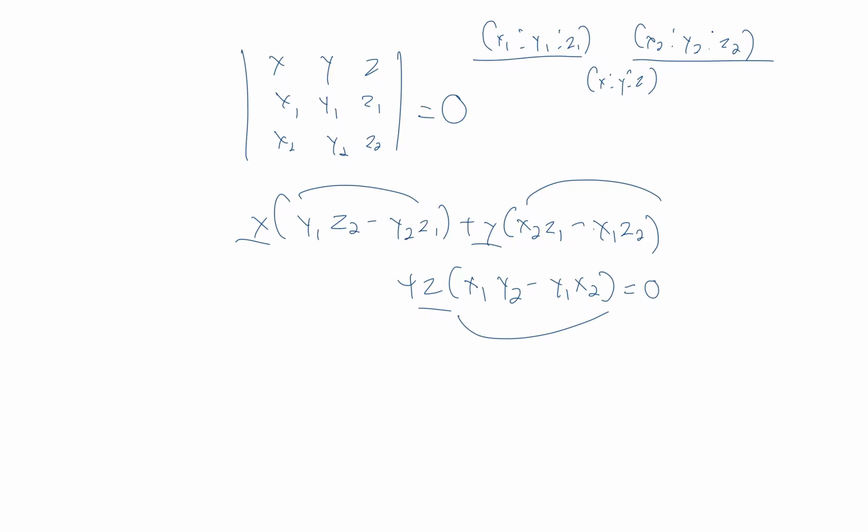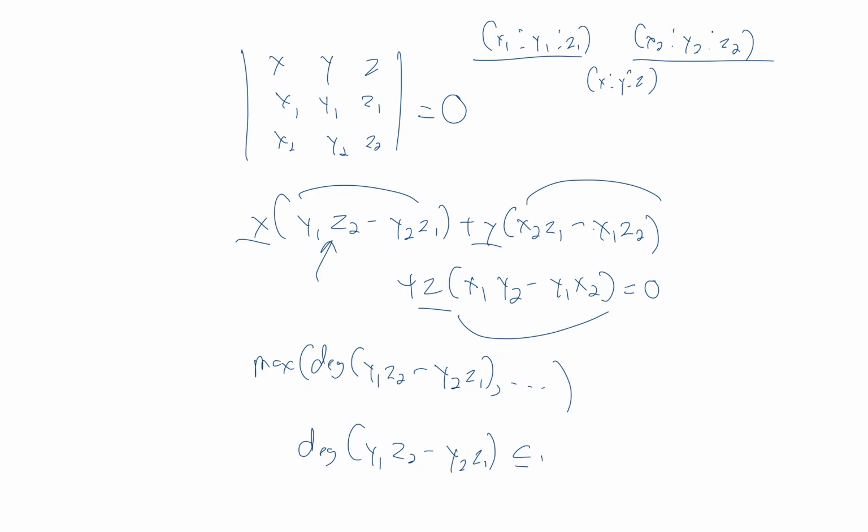And so all we care about is the maximum of the degrees of y1 z2 minus y2 z1 and the identical things. And notice that the degree of y1 z2 minus y2 z1 is less than or equal to the maximum of the degrees of y1 z2 and y2 z1.